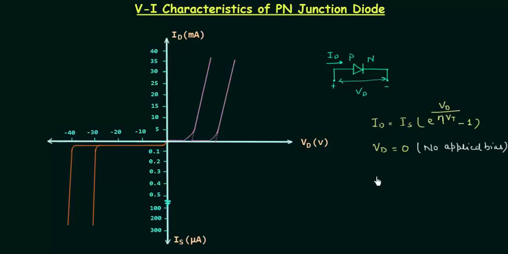I will use this equation: ID equals IS times e raised to the power 0 minus 1, because VD is equal to 0. Now e raised to the power 0 is 1, so we have ID equals IS times 1 minus 1. 1 minus 1 is equal to 0, so ID is equal to 0.